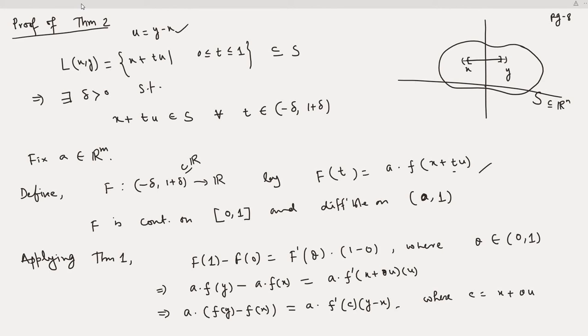So these are the endpoints, and theta belongs to this open interval. And this is equal to x plus theta times y minus x, since u equal to y minus x. So this is equal to (1 minus theta) times x plus theta times y. And this is a point on the line segment joining x and y. Okay, so this completes the proof.